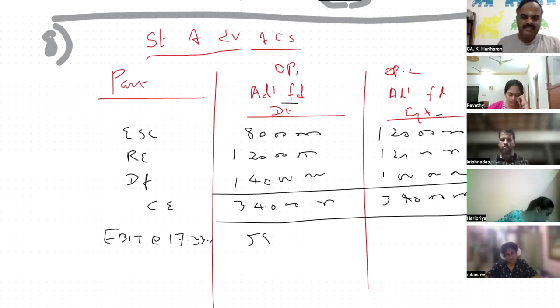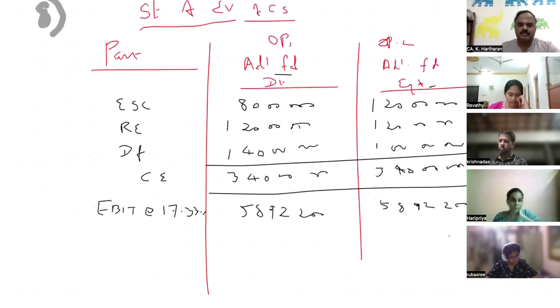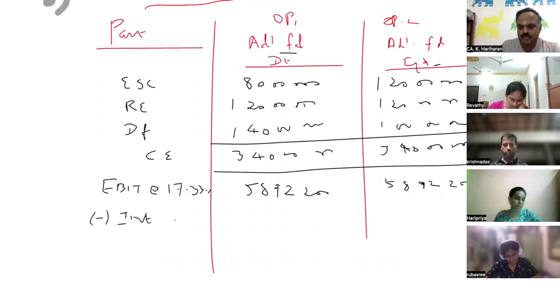EBIT less interest. How much is the interest? Interest on old debt is 12 lakhs. Now, the additional fund of 40 lakhs by way of debt is applicable only in the first column.